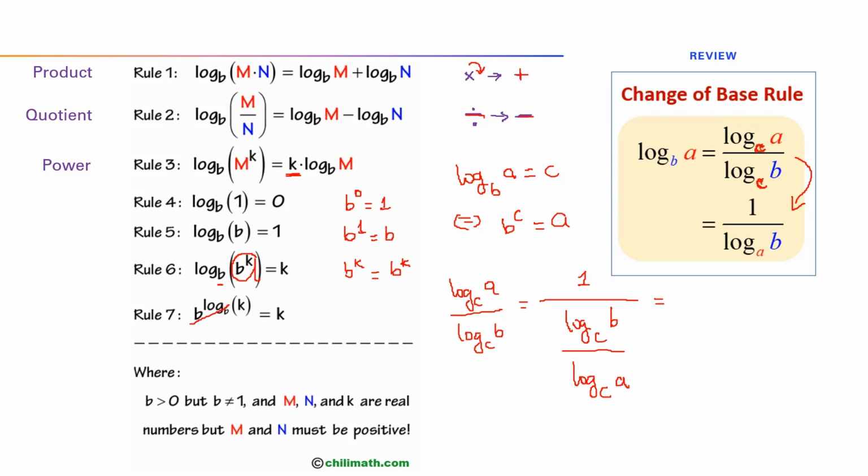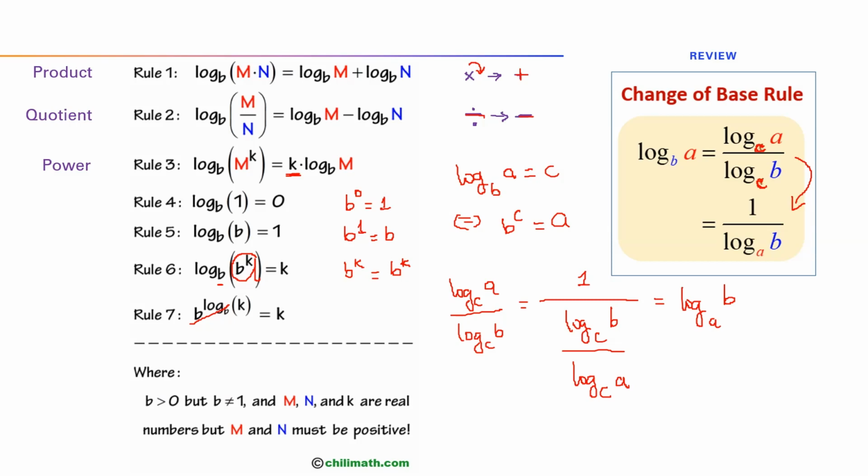And this one, we see that we have the same base c, right? We can write down log, whatever is at the bottom will be the base, right? So a right here and then b on the top.